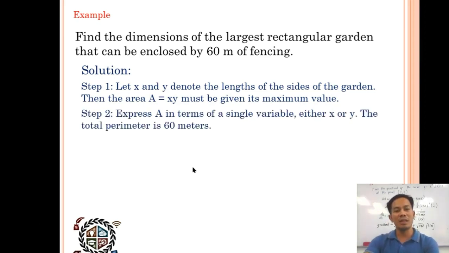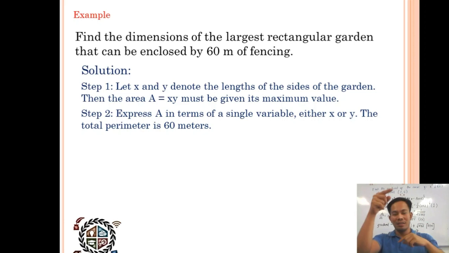Step number 2, express A in terms of a single variable, either x or y. So, ibig sabihin, dapat alam mo yung value ng y. And, to give you a clue, okay, kapag dinagdag ko yung dalawang length, remember, a rectangle will have two lengths. Length sa taas, length sa baba.